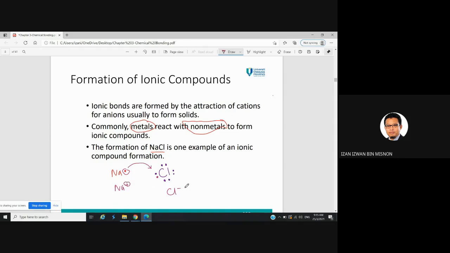Since both have only one charge, meaning sodium 1+ and chlorine 1-, it is neutral. As a result, we have sodium chloride. Sodium chloride is our table salt. We can find it in our kitchen, and it is in solid form. So that's an example of an ionic compound.